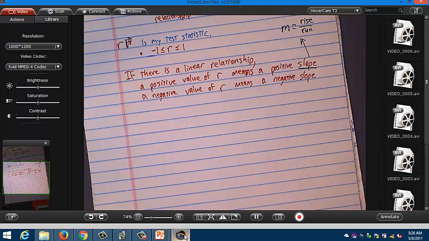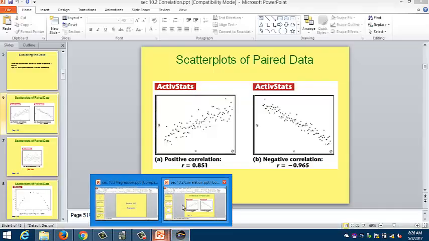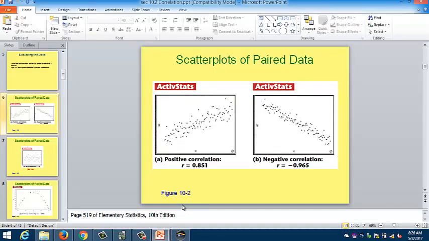So if you remember what that idea of slope is, and if I take a look at these pictures up here on the screen, here's the question. That first set of data, is it described by a line? Is there a linear relationship?